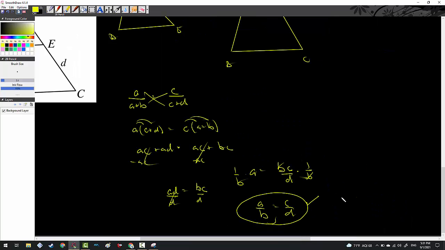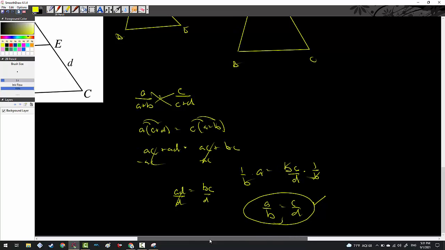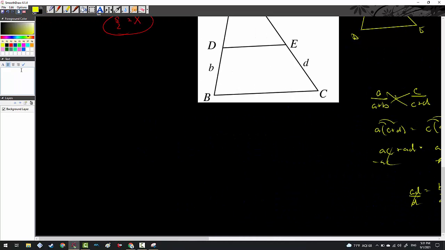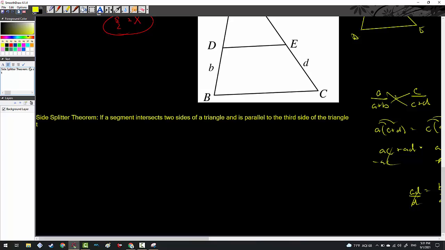And this side splitter scenario that I'm talking about is going to be defined in our conditional statement, and you will get this in a resource page. So the side splitter theorem basically says if a segment intersects two sides of a triangle and is parallel to the third side of the triangle, then the lengths of the parts are proportional.